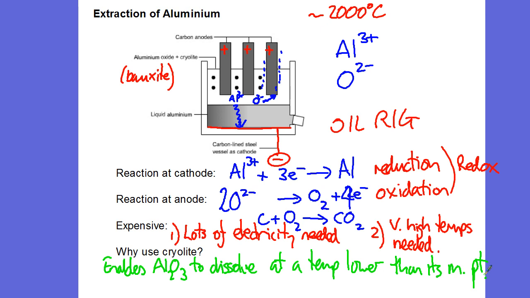And maybe you should be thinking, well, why do I need it to dissolve? And it needs to dissolve because the aluminium oxide can therefore conduct electricity. Therefore, the Al2O3 electrolyte can conduct.